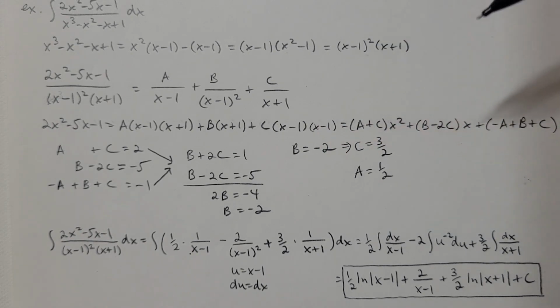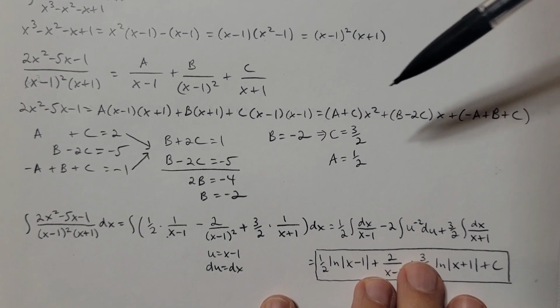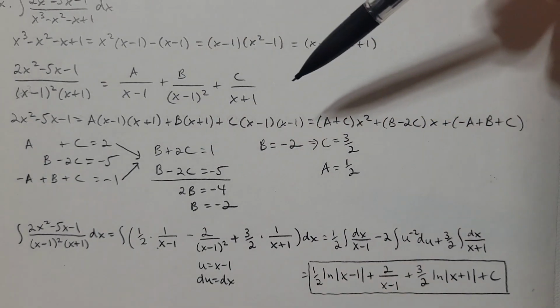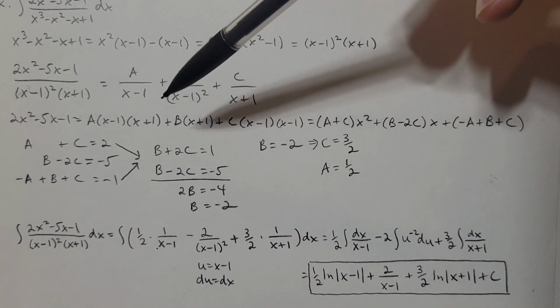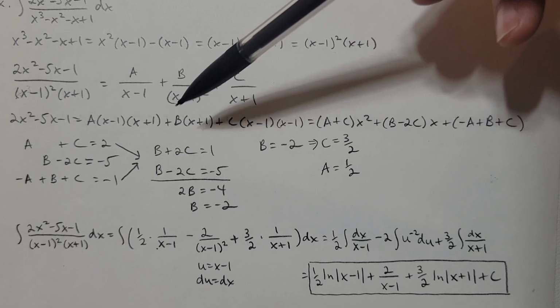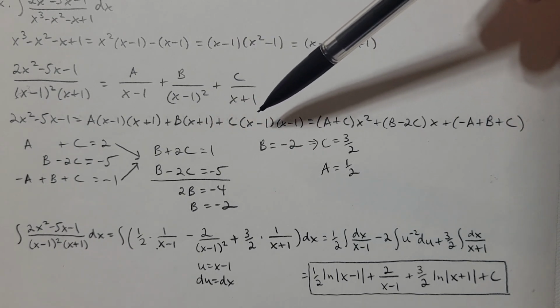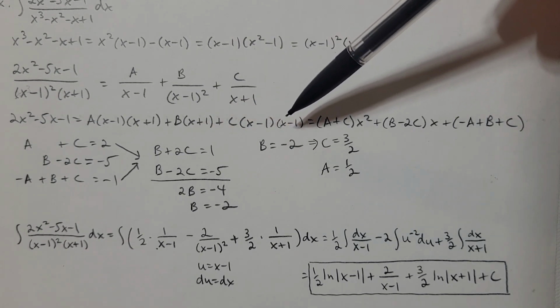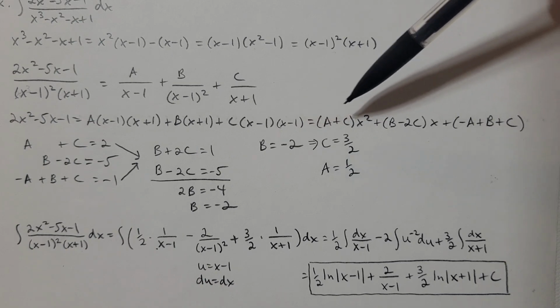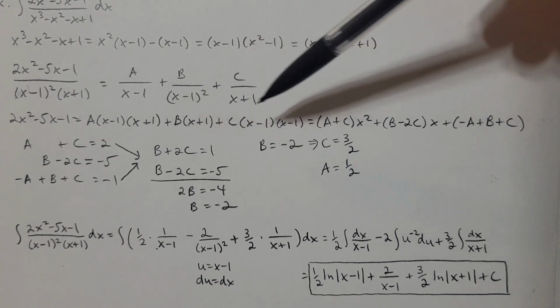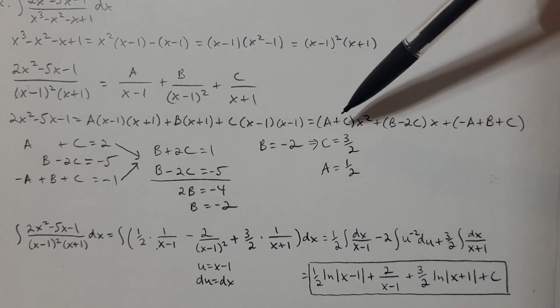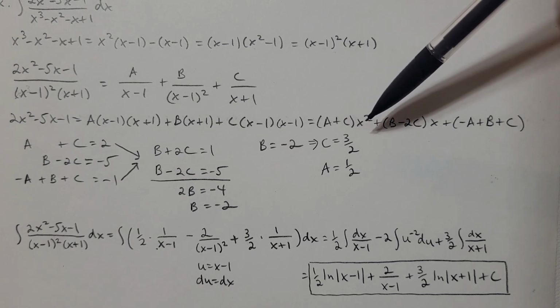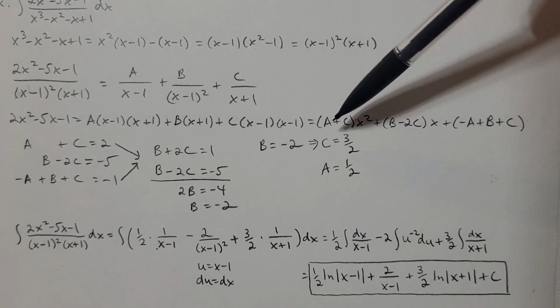So when I simplify this, I've got Ax squared minus A, and then plus Bx plus B, and then plus Cx squared minus 2xC plus C. A plus C, both of those terms have x squareds tacked onto them, so I'm going to go ahead and factor that out of the whole thing.